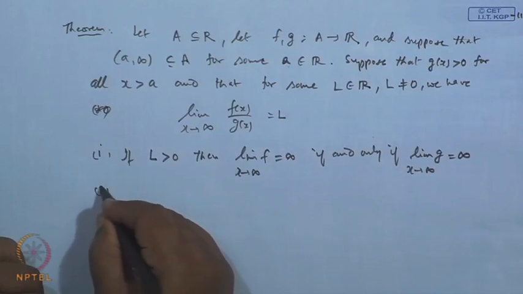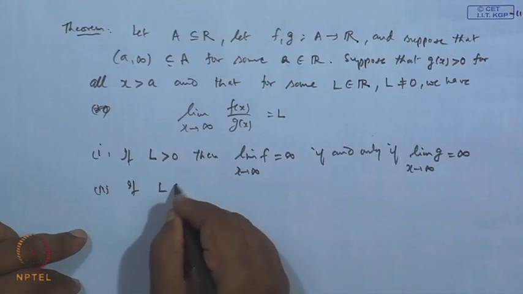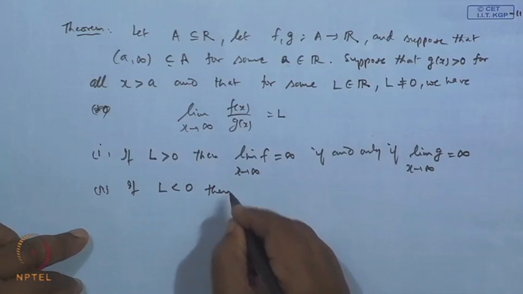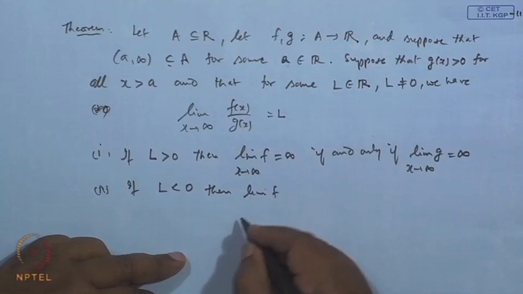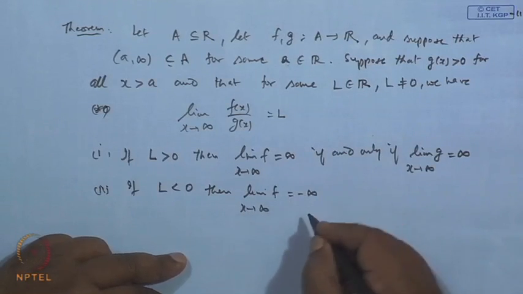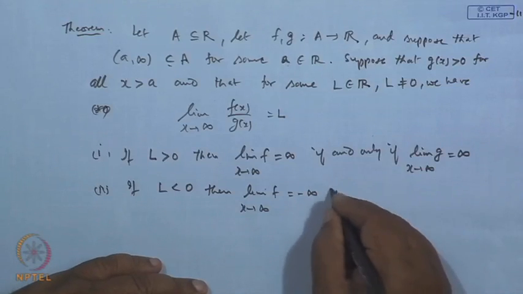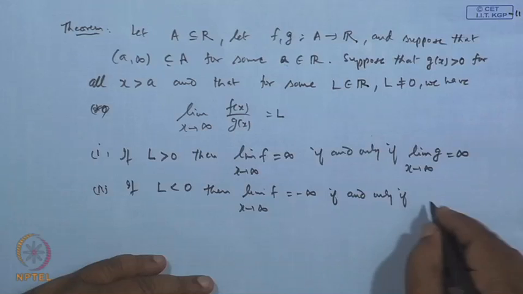And the second is, if L is negative, then the limit of f as x tends to infinity is minus infinity if and only if the limit of g is plus infinity.